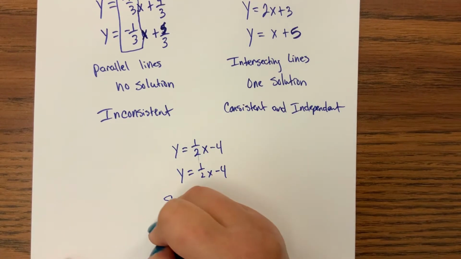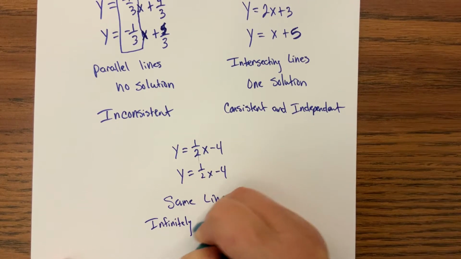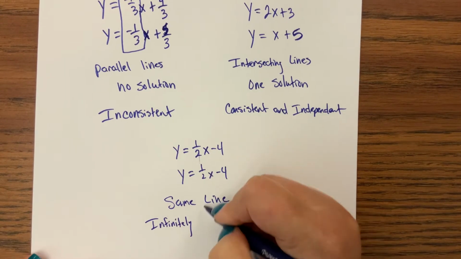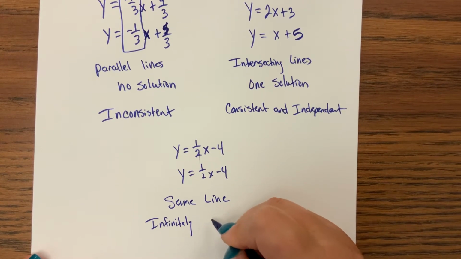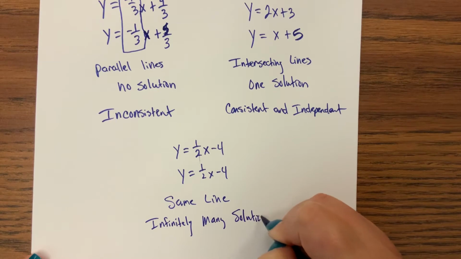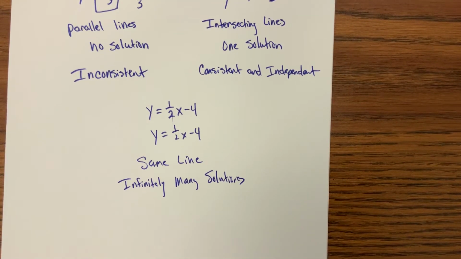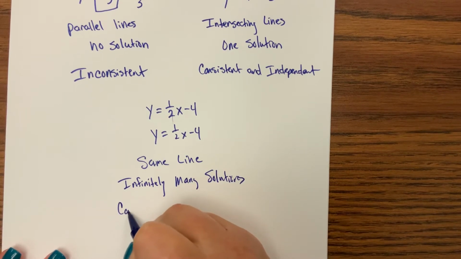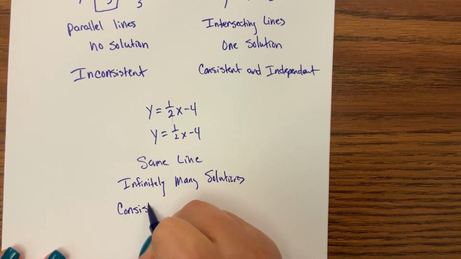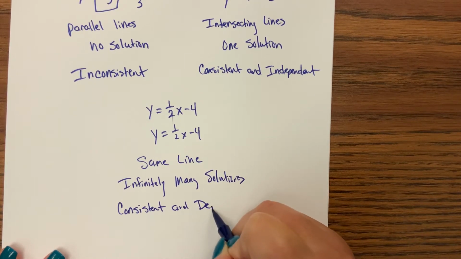So all their points are the same. So they've got infinitely many solutions, or we also can say solutions of all real numbers. This is called a consistent and dependent system.